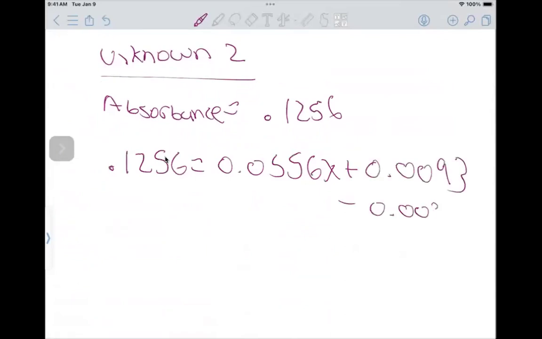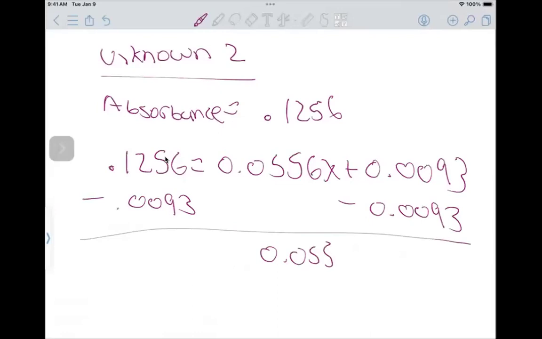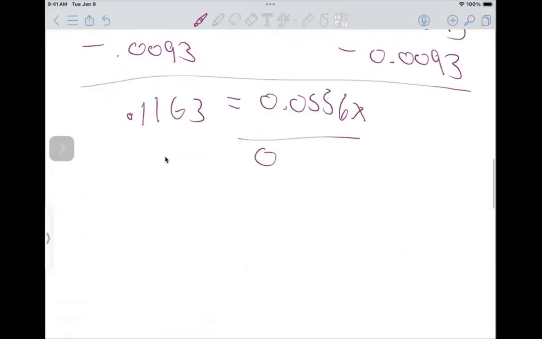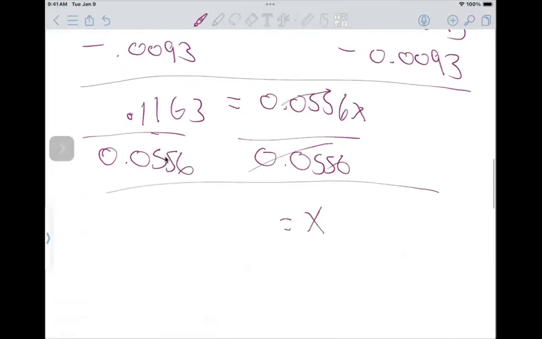Again, we'll subtract 0.0093 from both sides. Solving for x gets me 2.9 molars.